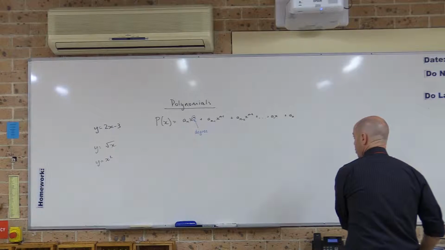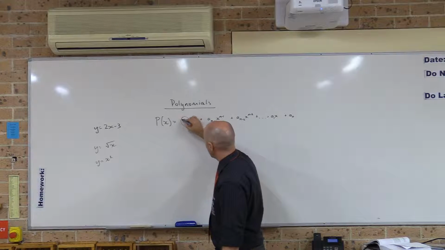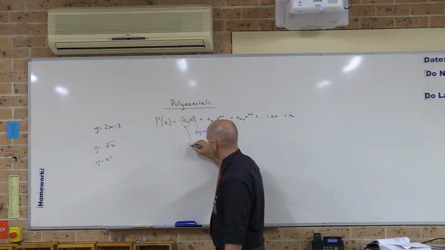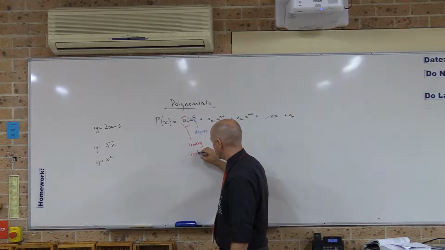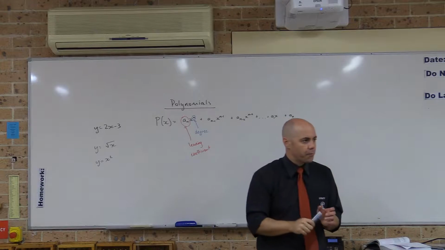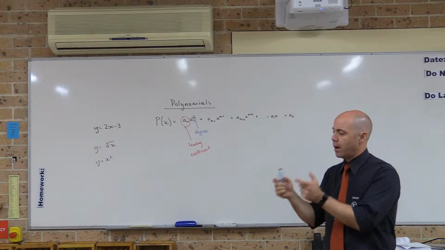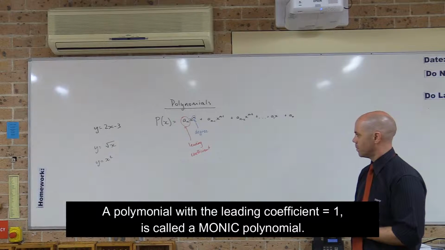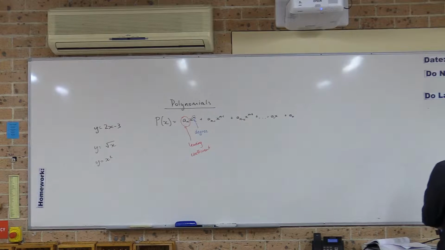The next thing we talk about then is this part here, which we call the leading coefficient. The leading coefficient is the coefficient in front of the highest degree term, the highest power term.